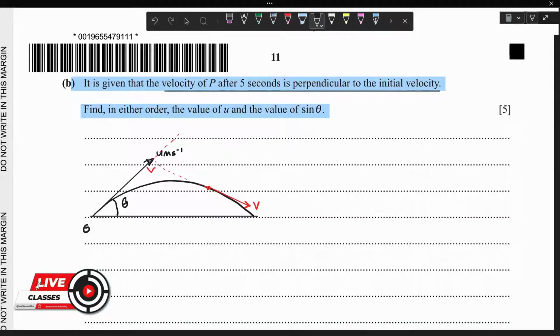So what do we know when it comes to perpendicular directions? You need to understand that for perpendicular directions, the product of the tangents of the angles they make with the horizontal should be equal to -1.